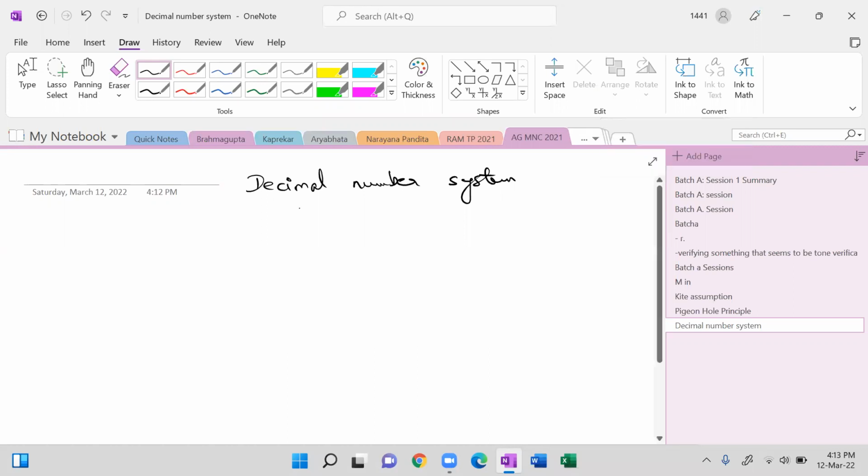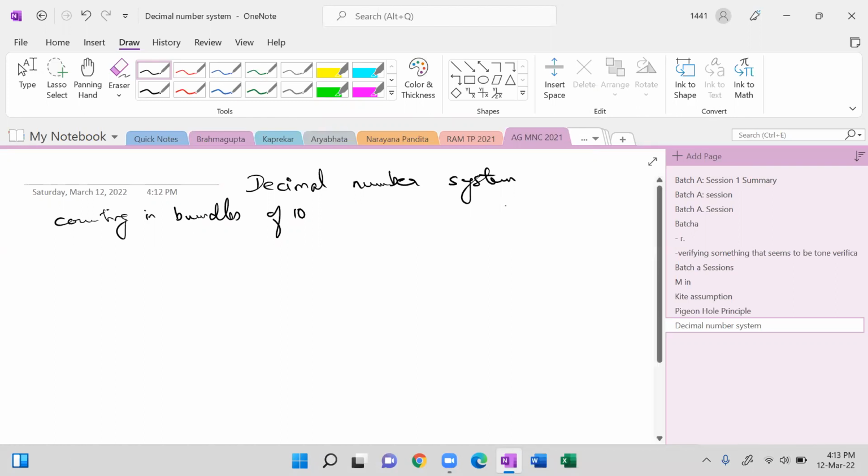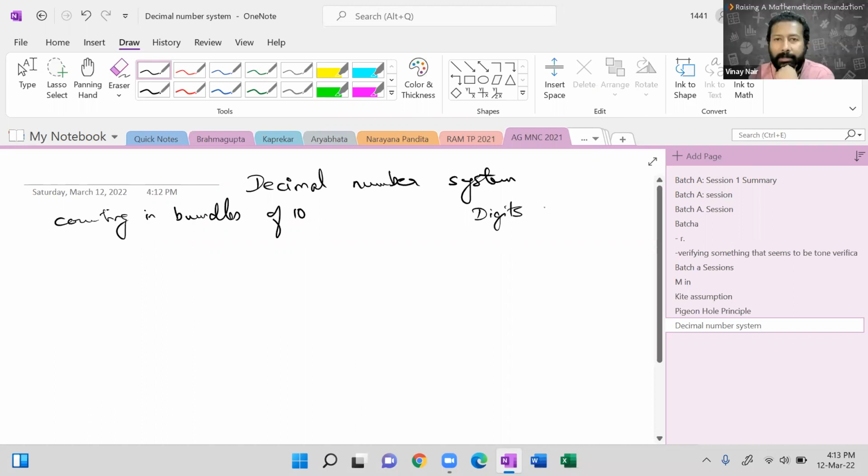So decimal number system is the usage of bundles of 10, counting in bundles of 10. So it comes from the belief that we have 10 fingers, so our ancestors used to count on 10 fingers. Okay, Mrudula. Yes, sir. So numbers having base 10 from 0 to 9. The numbers that come under those bundles. Okay, digits used are 0 to 9. That's what you're saying. Okay.